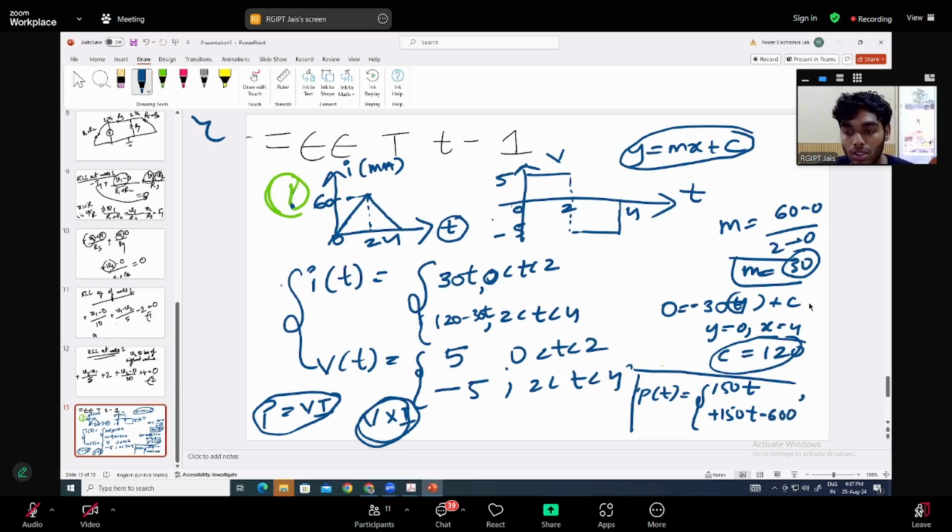This is in the interval of 0 to 2, and this is for 2 till 4. Is it clear? On the basis of this, you have to draw a graph for power.